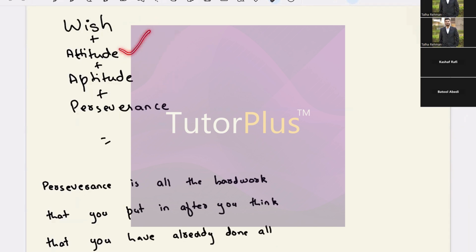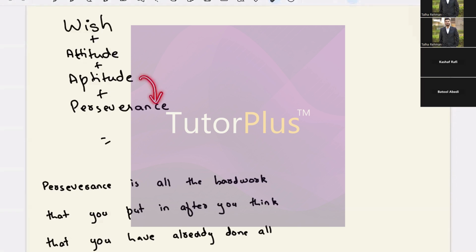If you lack the aptitude, if you lack the attitude, that is your seriousness, there's no way I could put you in IBA. I could only work on your aptitude, that is your skills, if you have a learning attitude and if you're serious. If you're coming to the classes but not really putting in the hard work, there's no way these classes are going to benefit you in any way.